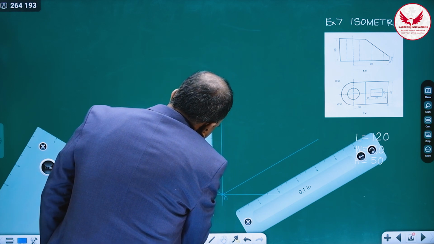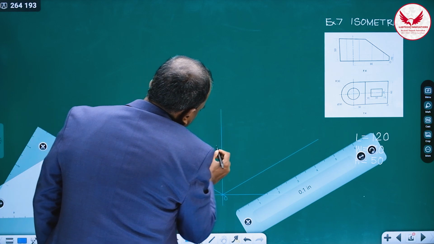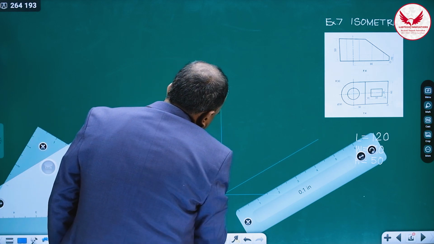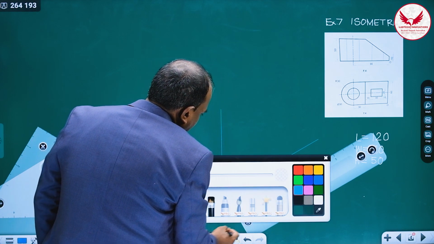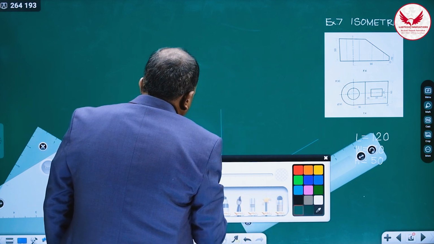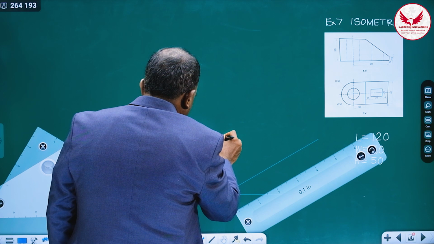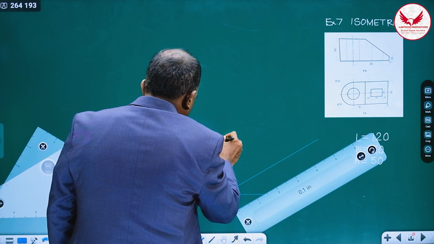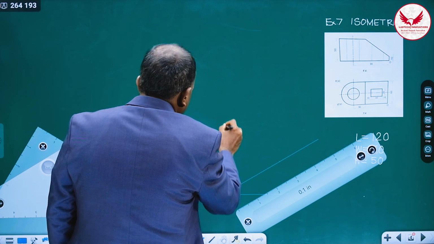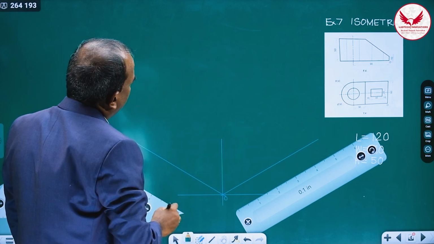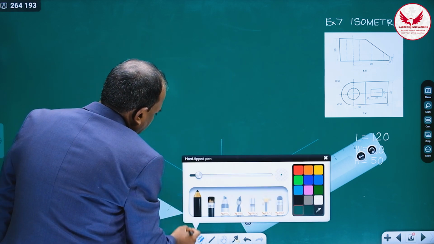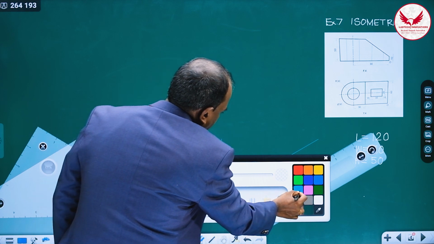In the drawing, the most important thing is marking the height. Once we mark the height, I always suggest removing the upper portion of this line. Perfectly keep the height, so it will be easier for drawing the isometric box.